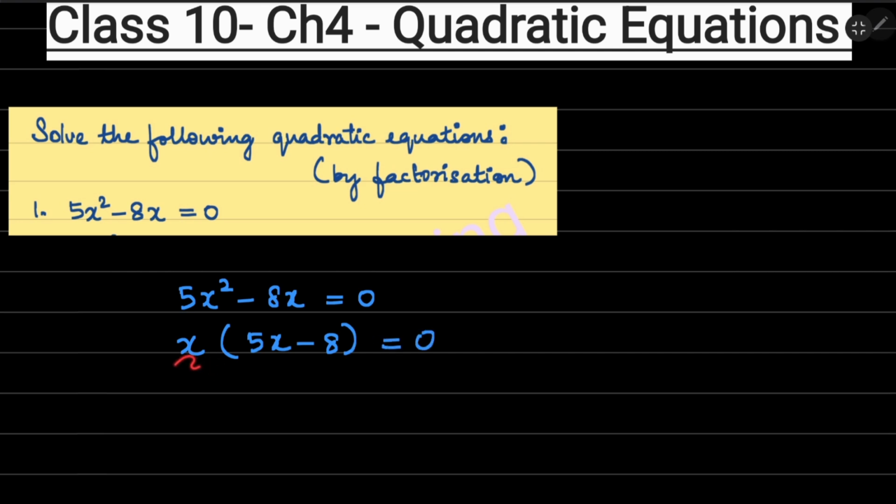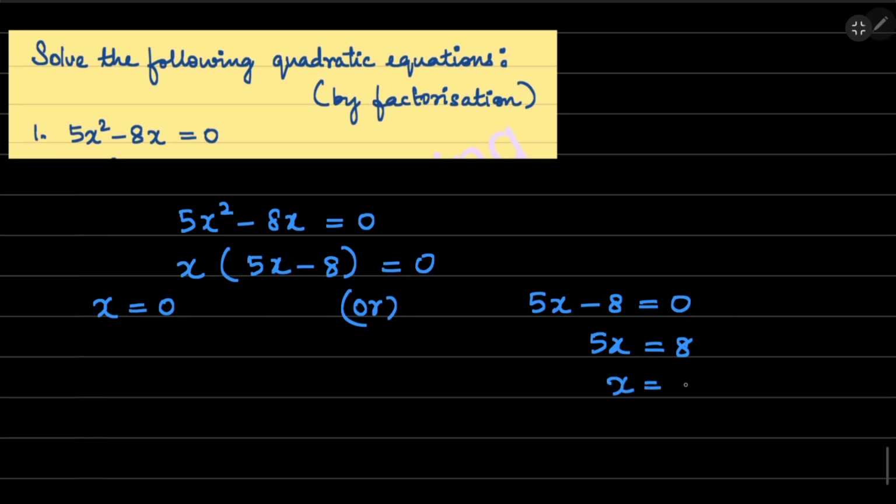So here the product of two terms is equal to 0. It means either x is equal to 0 or 5x minus 8 equal to 0. So let's write that. Either x is equal to 0 or 5x minus 8 equal to 0, which means 5x is equal to 8, which means x is equal to 8 by 5.